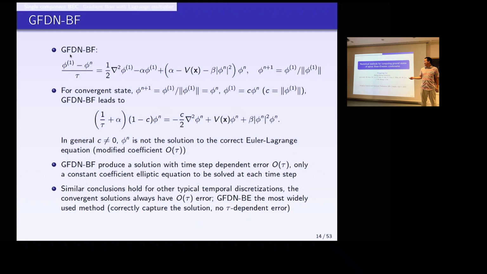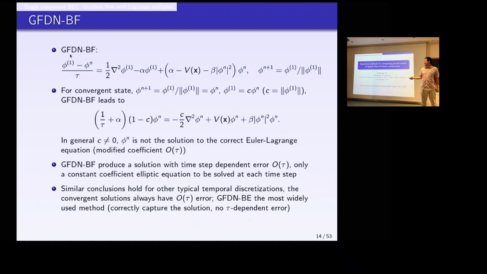But here, because our aim is to obtain the final ground states, when it converges, we do not want the error of the time step to play a role in the final results. But for this kind of discretization, this order tau error cannot be avoided if the discretization is not done correctly.